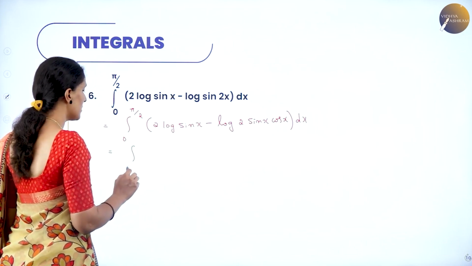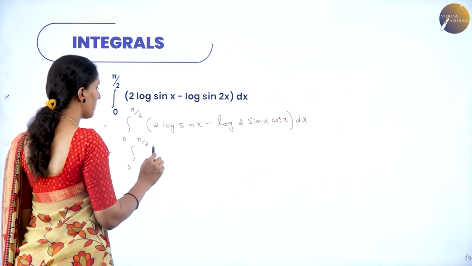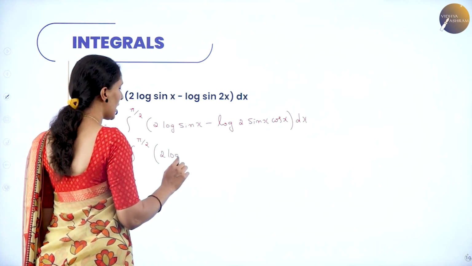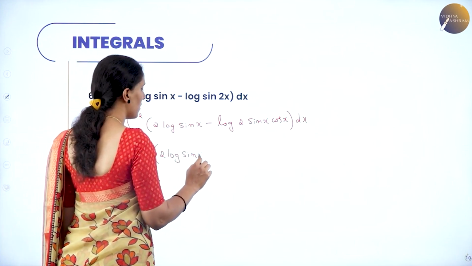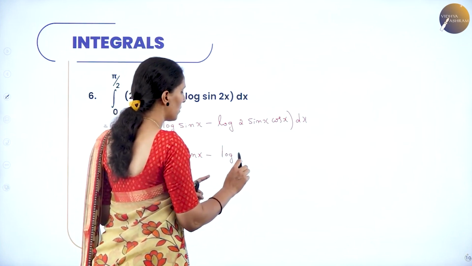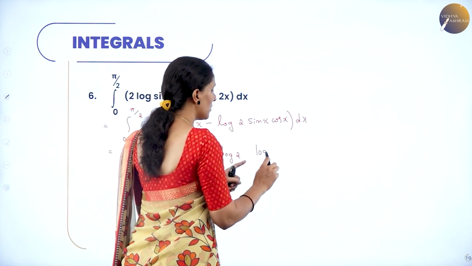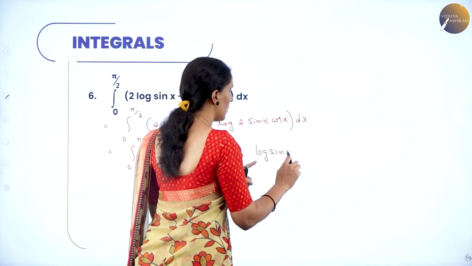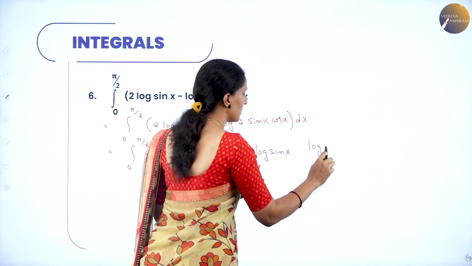So then it becomes the integral from 0 to pi by 2 of 2 log sin x minus, so this is log 2 plus log sin x plus log cos x.